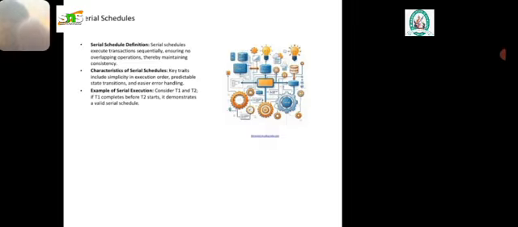Key traits of serial schedules include simplicity of execution, predictable order and state of transactions, and easier error handling. In the example of serial execution with transaction 1 and transaction 2, T1 completes before T2 starts. It demonstrates the value of serial schedules.